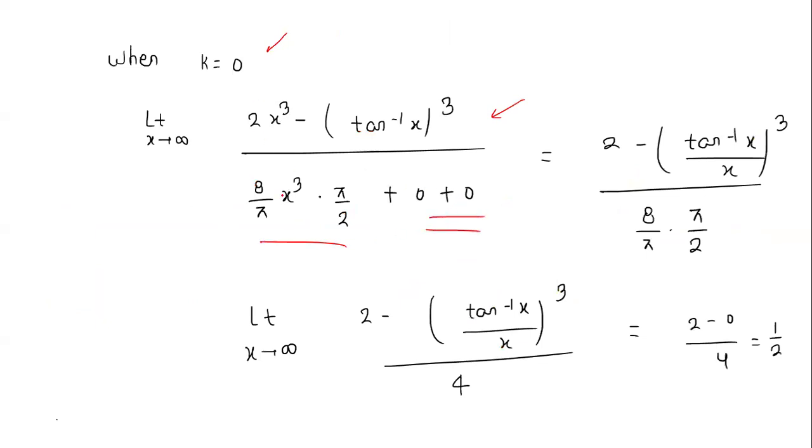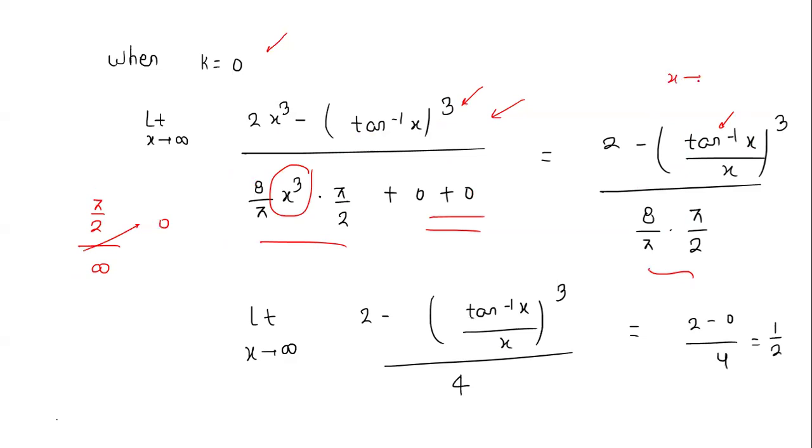Now you can divide the numerator by x cube, and you will have 2 times (x minus tan inverse x) divided by x, whole cube, and in the denominator you will have 8 by pi multiplied by pi by 2. Now for x tending to infinity, we know tan inverse infinity is pi by 2, and in the denominator we have infinity, so this thing will go to 0.